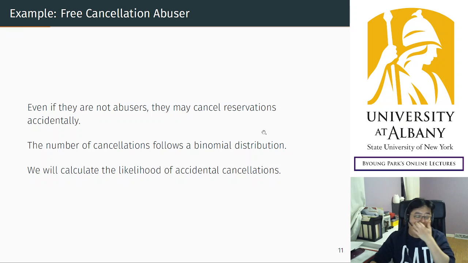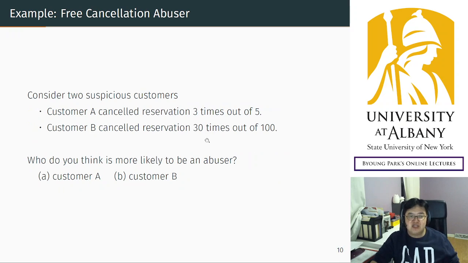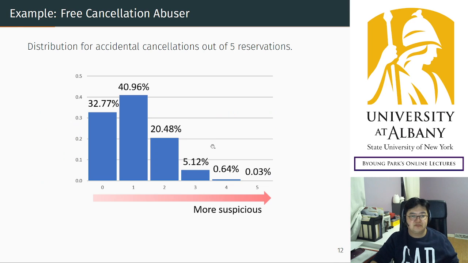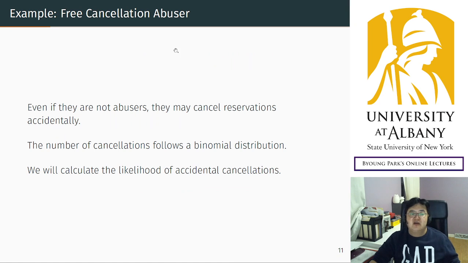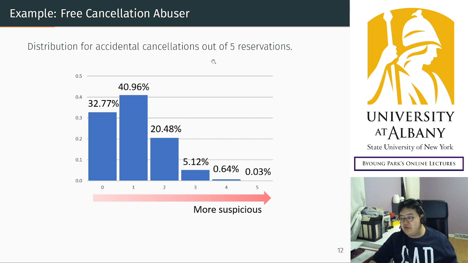How likely are those cancellations to be accidental, honest cancellations? Think about the binomial distribution. We considered almost the same example in the binomial distribution chapter. So think about the distribution of honest cancellations if you make 5 reservations.